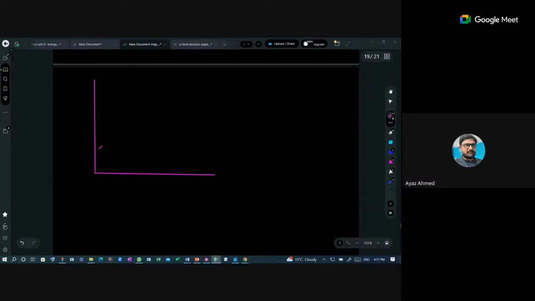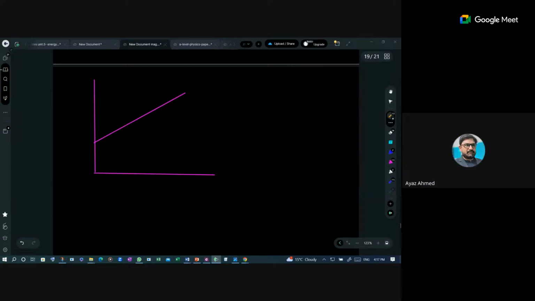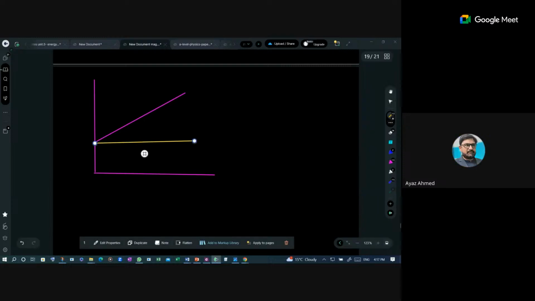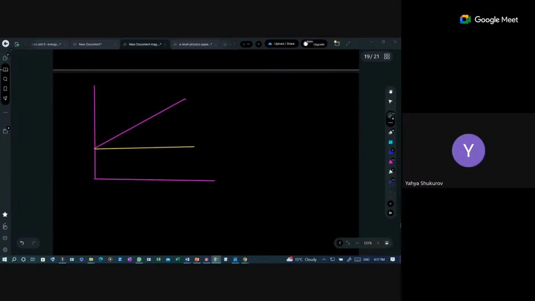For example, I have this graph. If I split it into two parts, these two parts are actually this one. You see that?